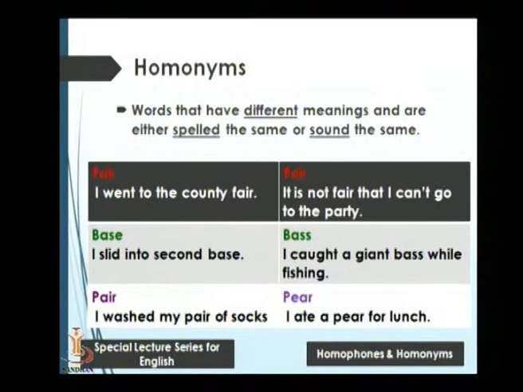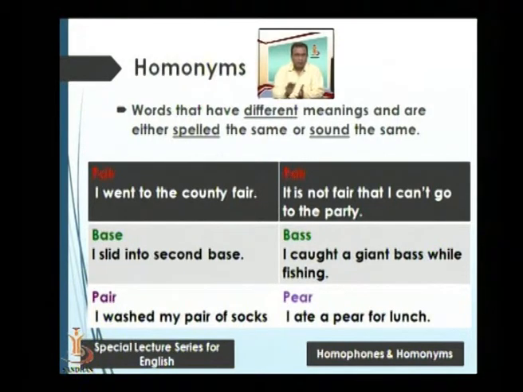You are referring to a fish in the second example, while in I slid into second base you are referring to a place, a stage. Then, I washed my pair of socks. Pair is another word. I ate a pear for lunch. That is another example of homonym.